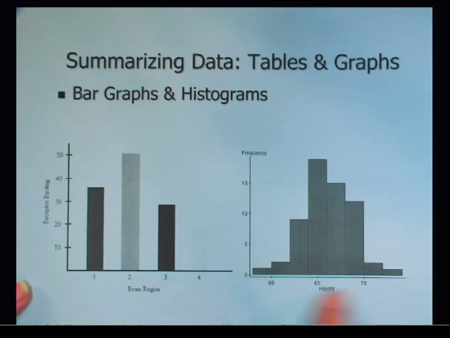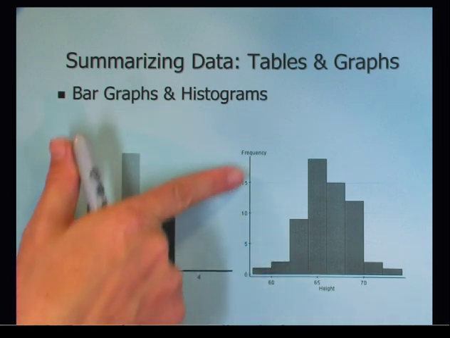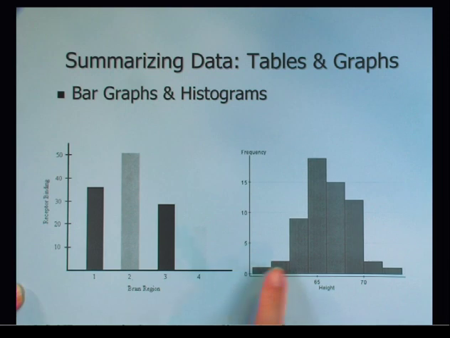So a histogram on the x-axis has whatever variable you're looking at. It could be height, it could be IQ, but it's typically a numeric continuous variable. And they touch because where one bin ends, the next one begins. And over here is just the frequency of people who fell into each of these numeric bins.